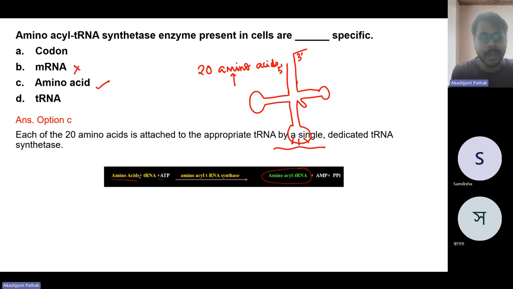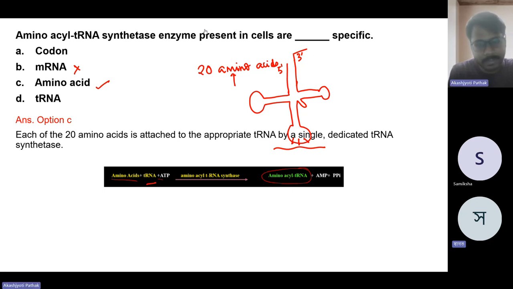So there are the amino acids, the tRNA, and the amino acid. I would like to clear my doubt. Suppose one enzyme is taking glutamic acid to a tRNA and binding with it, and another enzyme is taking aspartic acid to another tRNA.